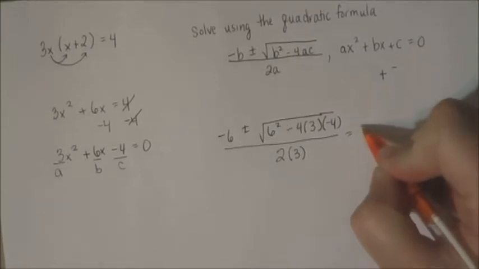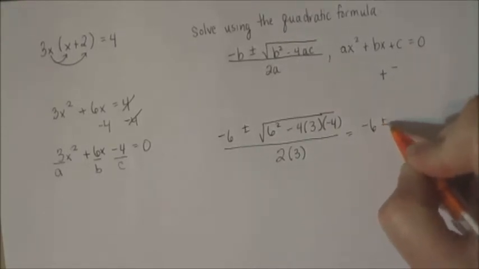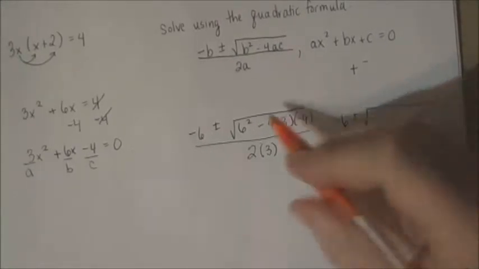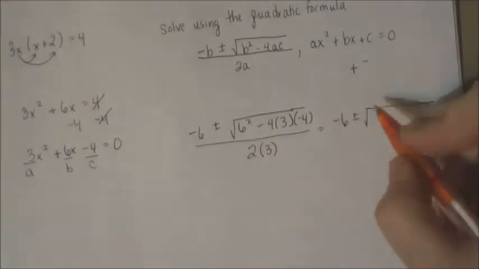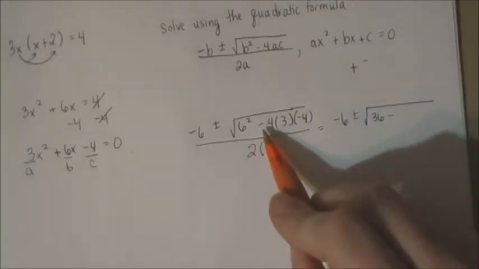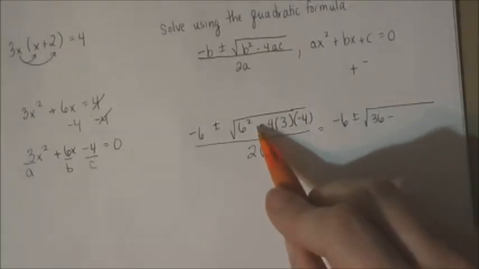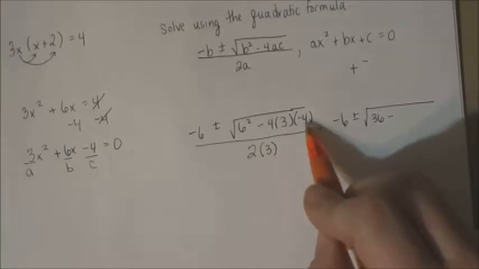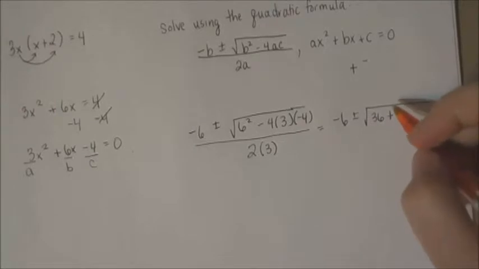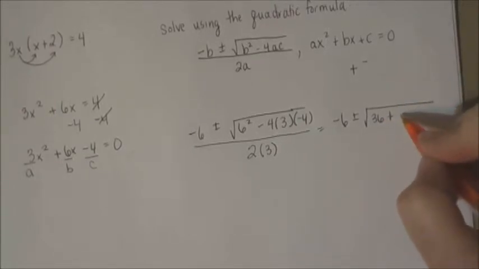We get negative 6 plus or minus the square root of 6 squared. Let's go ahead and square that. We get 36 minus 4 times 3, which is a negative 12, times another negative 4, you get a positive. 12 times 4 is 48.